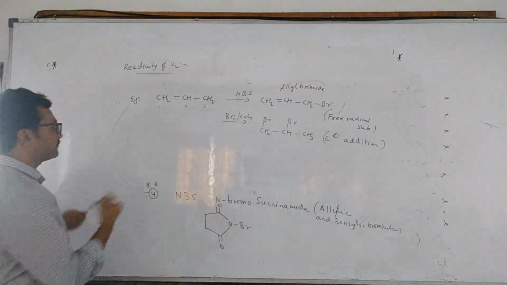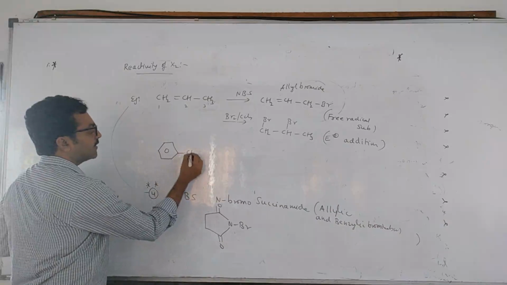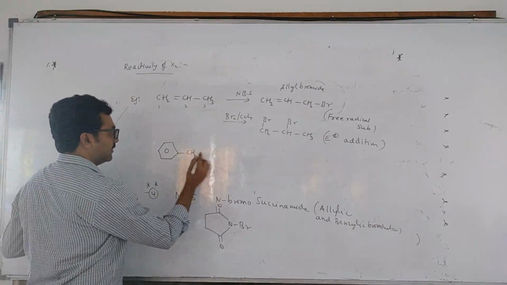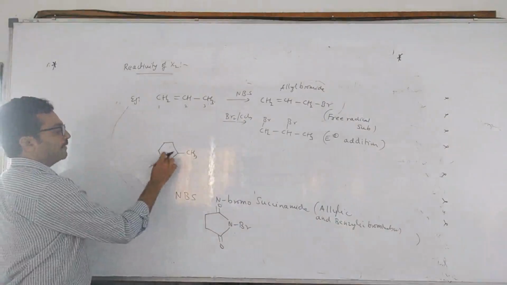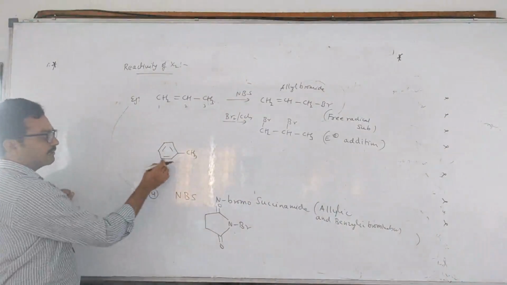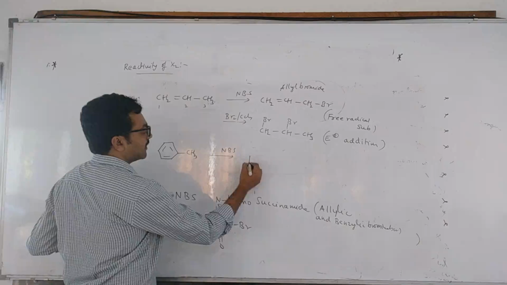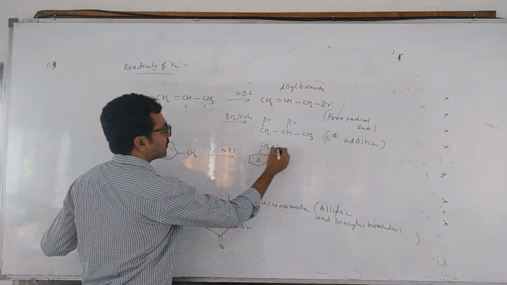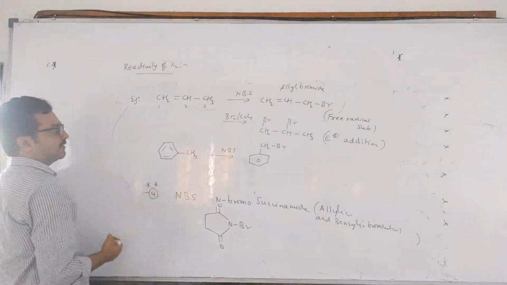Next example, I can take a benzene ring and CH3. Okay, this is toluene. But benzene I can write like this so that you can understand. So here if you add NBS, then also you will get benzyl bromide. This is called the benzylic position. Allylic and benzylic.